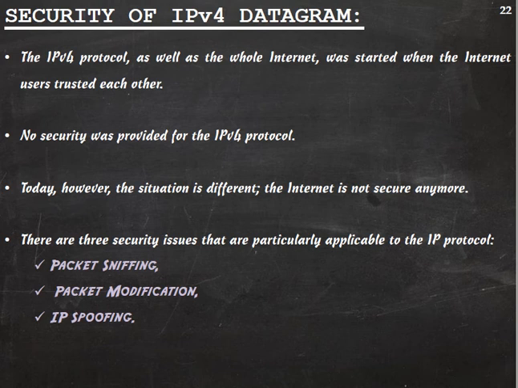The first one is packet sniffing. In case of attacks, there are two types: a passive attack and an active attack. A passive attack is one wherein the attacker does not come into the picture. The data will be taken unknowingly, and the sender or the receiver will not come to know that somebody has taken the data. Packet sniffing comes under this category.